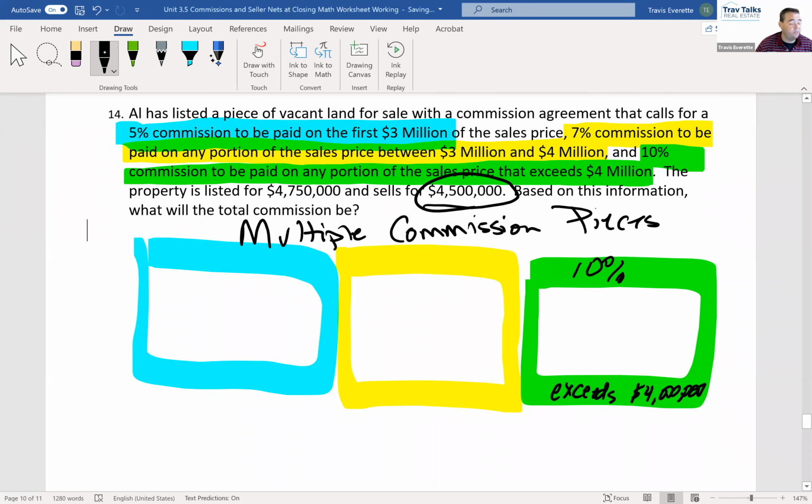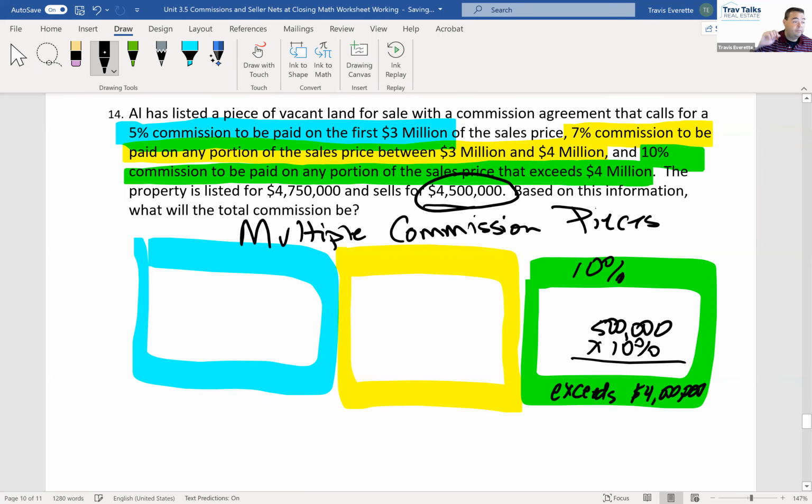So I got to use the sales price. I'm only going to make that 10% commission on the amount that exceeds. So write down the sales price here, $4,500,000, and then take away the part that I don't get paid for in this box. I don't get paid for that 4 million because it says I only get that on the part that exceeds 4 million. So that's going to be 500,000 times 10% in that box.